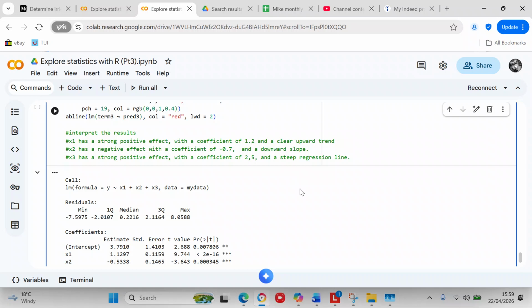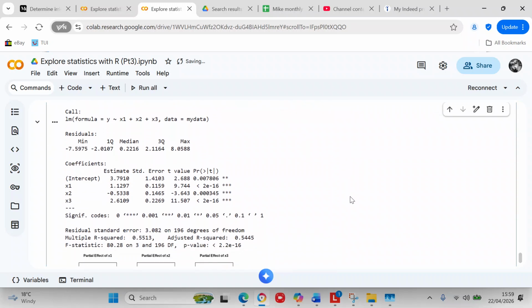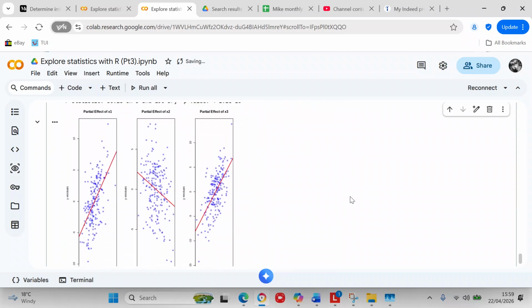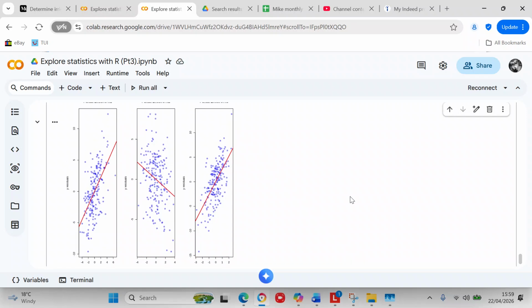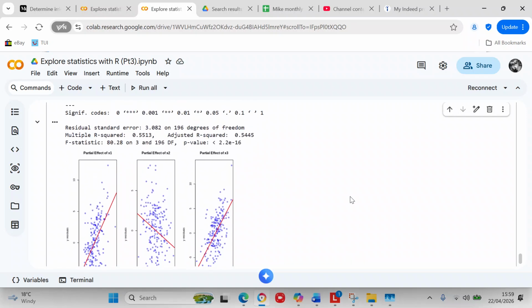And x3 has a strong positive effect with a coefficient of 2.5 and a steep regression line. So basically, we interpreted this correlation, and you can see the interpretation by looking at the charts.